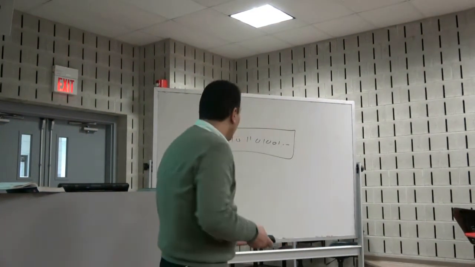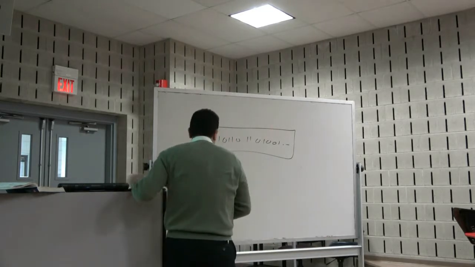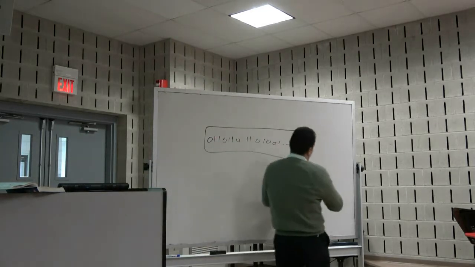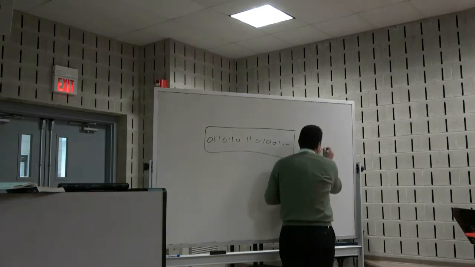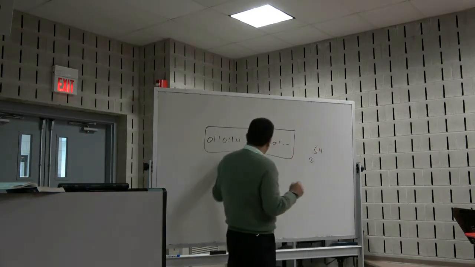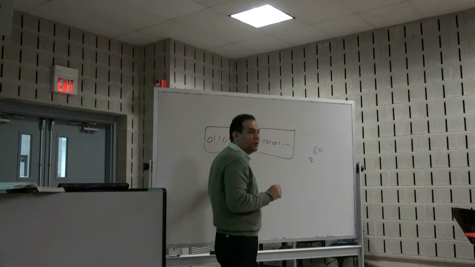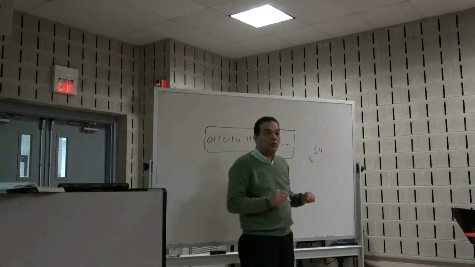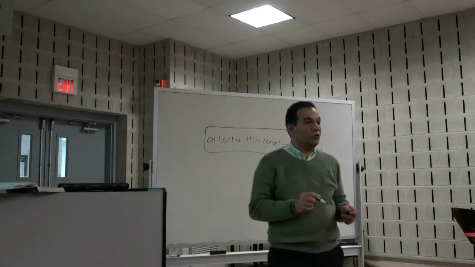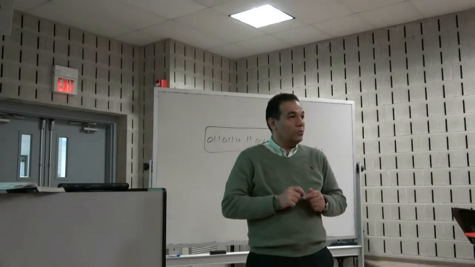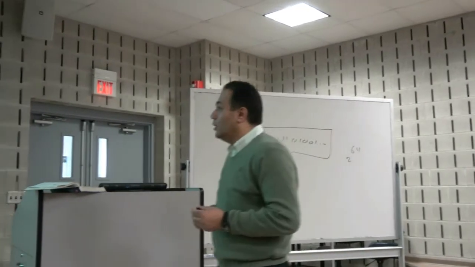So how many do you have to try? You have to try 2 to the power 64. Because how many different words could you form from 64 bits? 2 to the power 64. This would need like 100 years to do by computer. It needs a lot of time.